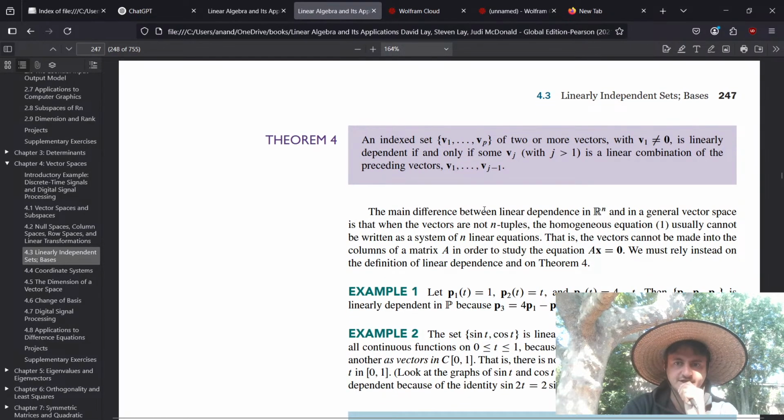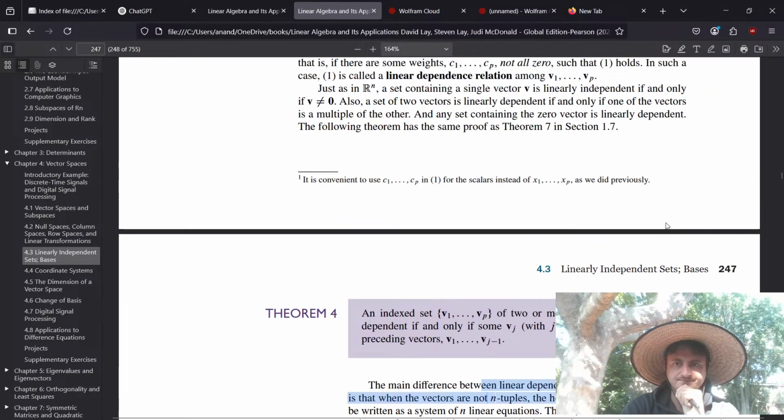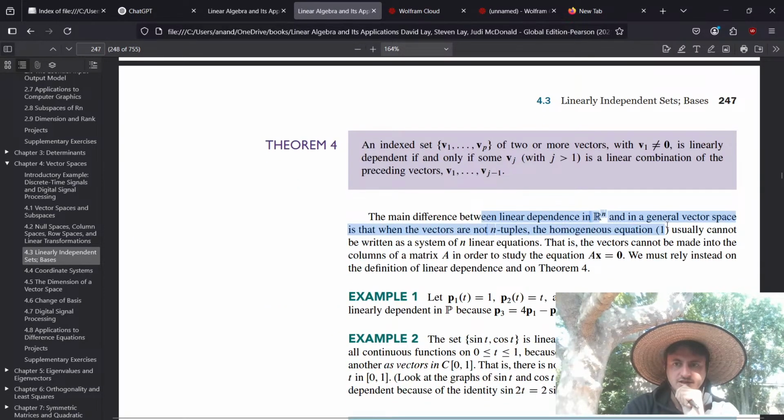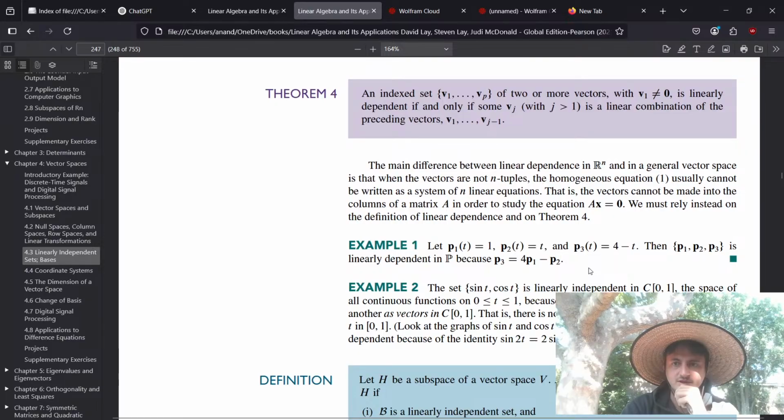The main difference between linear dependence in Rn and in a general vector space is that when the vectors are not n-tuples, the homogeneous equation usually cannot be written as a system of n linear equations. That is, the vectors cannot be made into the columns of a matrix A in order to study the equation Ax equals 0. We must rely instead on the definition of linear dependence and on Theorem 4.